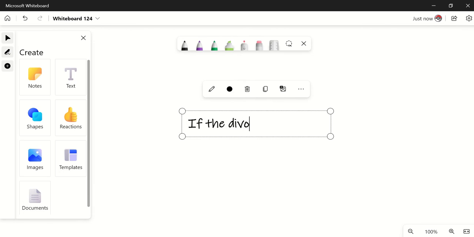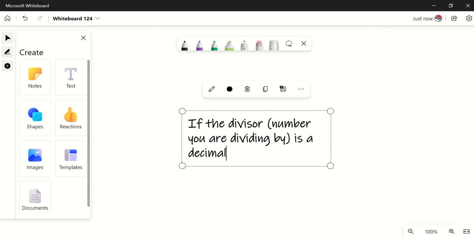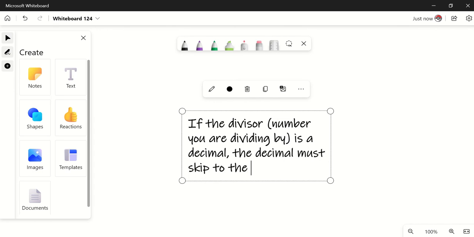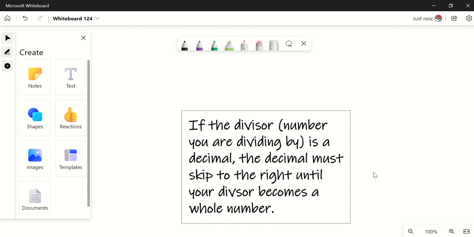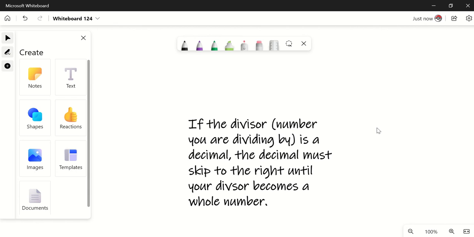If the divisor or number you are dividing by is a decimal, the decimal must skip to the right until your divisor becomes a whole number. So again, if the divisor or the number you are dividing by is a decimal, the decimal must skip to the right until your divisor becomes a whole number.